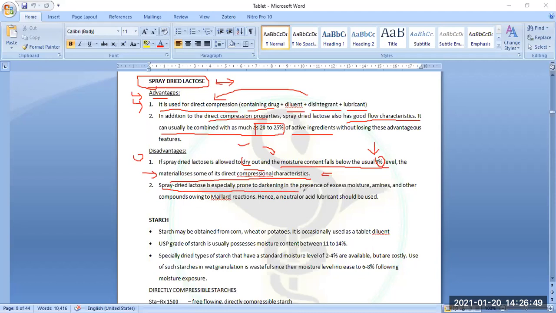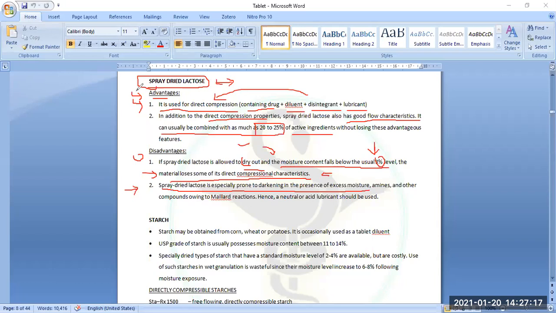Spray dried lactose is especially prone to darkening in the presence of excess moisture. स्प्रे ड्राई लैक्टोज में वैसे होता क्या है देखो it is a powder which is initially wetted by some vehicle, and after this wetting it is easily fluidized bed dried. Okay, dried granules. Due to this drying, some water is also present in this mixture.